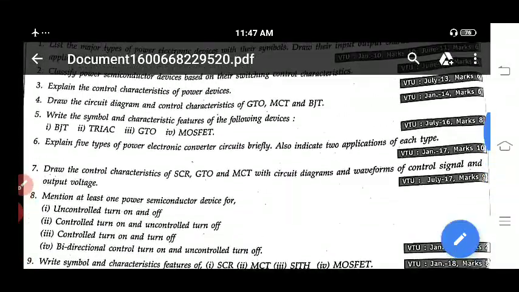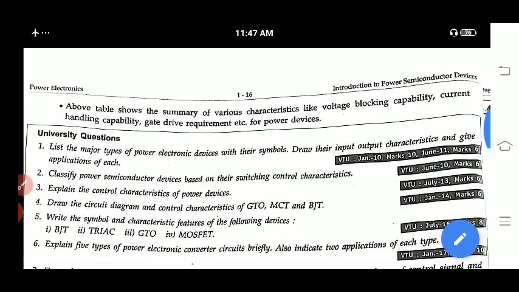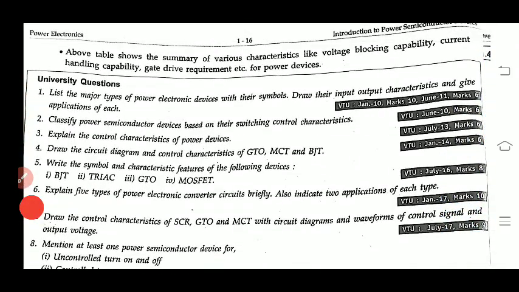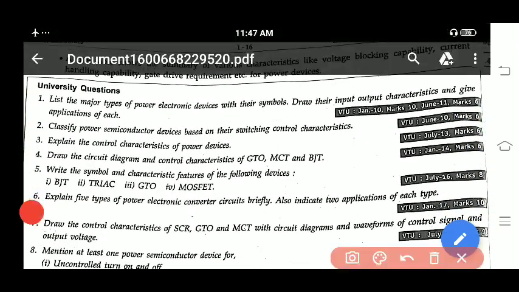Next, we'll see some of the university questions. List the major types of power electronic devices with their symbol. Draw their input output characteristic and give application of each type. Classify power semiconductor devices based on the switching control characteristic.